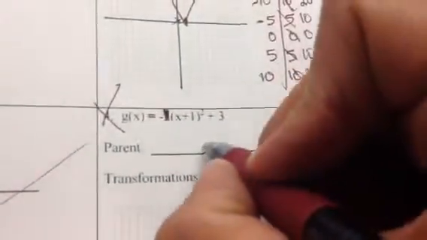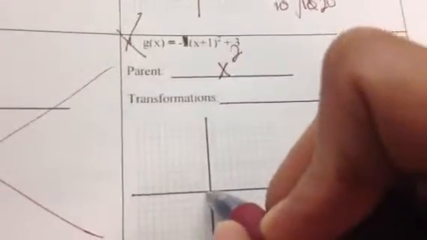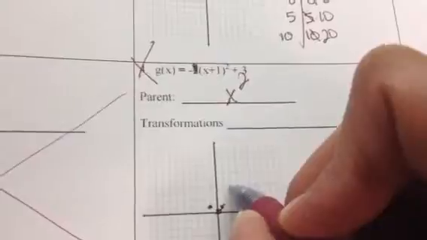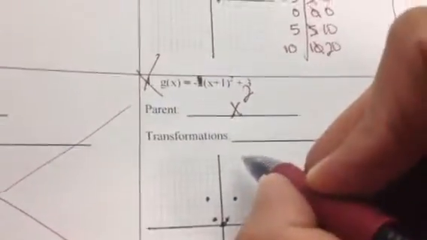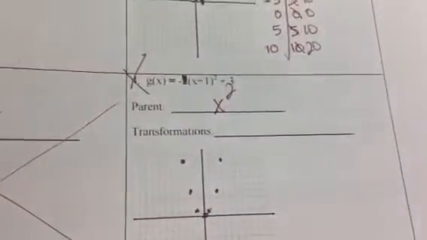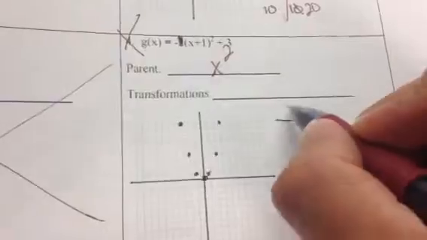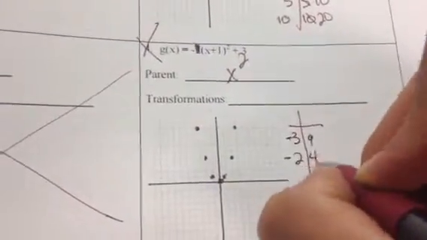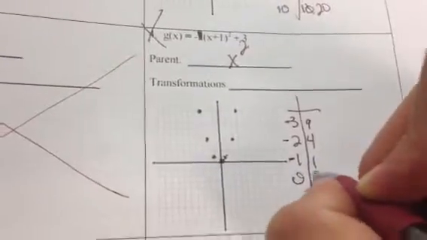And the last one, so we took out the 2. So we've got our parent function, x squared. So again, here it is, 0, 0, 1, 1, negative 1, negative 2, 4, and 2, 4, and 3, 9, and negative 3, 9. So first the negative is going to take all these points and just flip them. So if we do make a t-chart, so negative 3, 9, negative 2, 4, negative 1, 1, 0, 0.